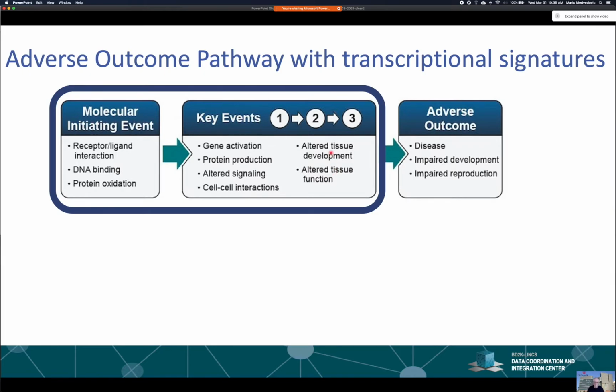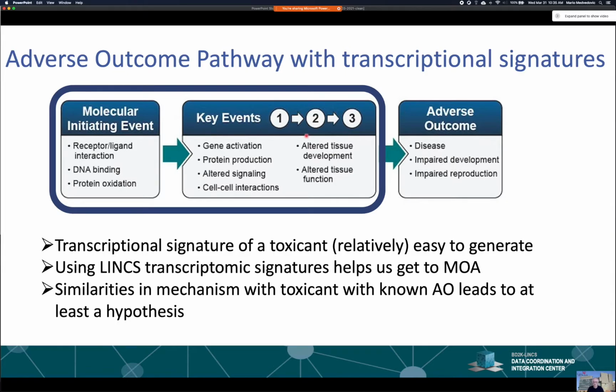So that was the purpose of this exercise, that we now have a method to look at these mechanisms. And the utility here is that a transcriptional signature of a toxicant is relatively easy to generate. And again, there is an additional layer here in addition to these mechanisms.